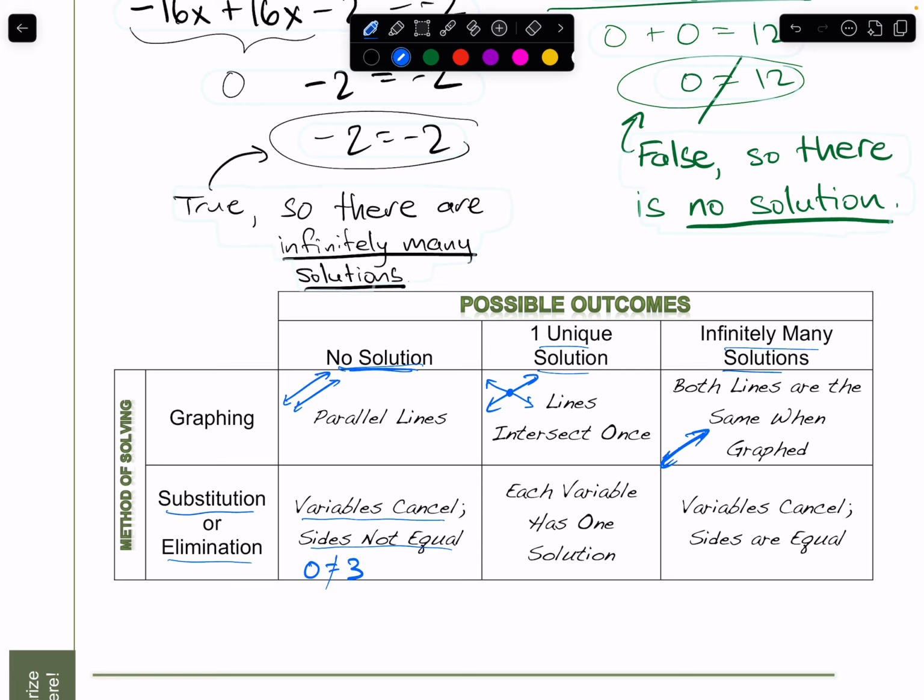Or you have plenty of examples of one solution in lessons 3.2 and 3.3, but if each variable has one solution, let's say you end up with x equals 5, and then you plug that into an equation and you get y equals something else, then you have one solution, right? That solution would be the ordered pair 5, 2. But sometimes the variables cancel and the sides are equal. You get something like 7 equals 7 or whatever. If that's the case, that's when there's infinitely many solutions.